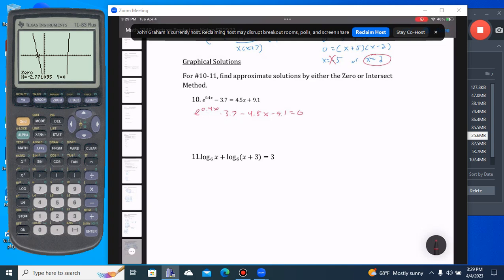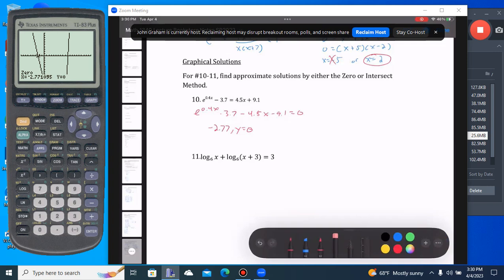There we get a negative 2.77, y equals 0. Right. So that's the first, well, we don't need the y equals 0. We've made that on purpose. The negative 2.7 is the first answer there.